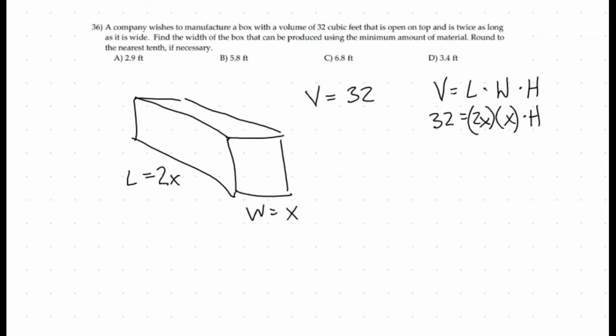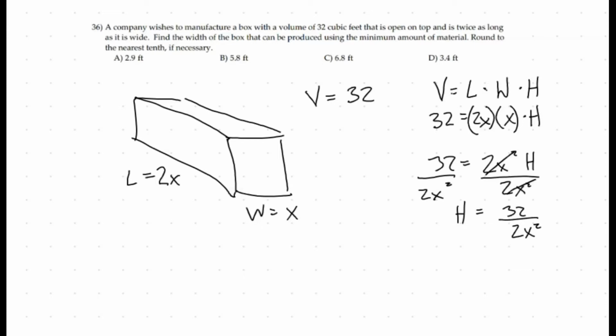So we can solve this by getting everything over to one side. We have 2x squared h equals 32. And to get h by itself, we're just going to divide by 2x squared. So that cancels out. So we have h will equal 32 over 2x squared, which is 16 over x squared.